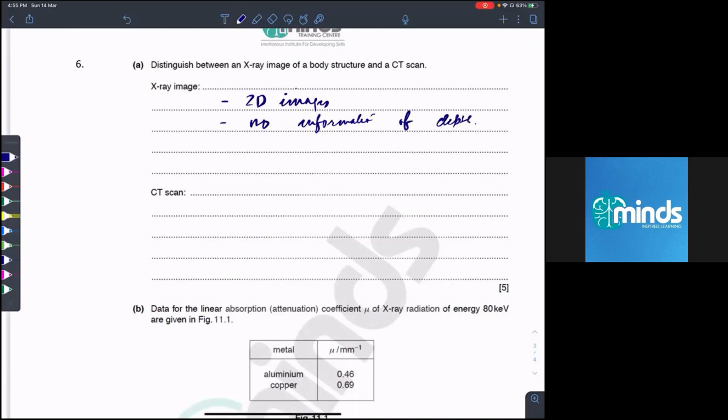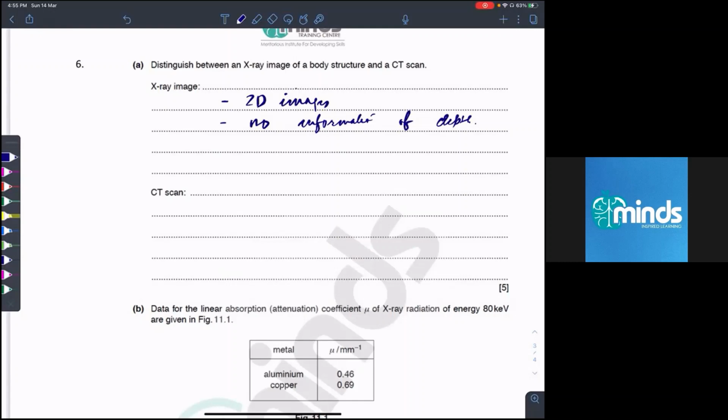I hope, Anas, you remember, I gave the example of 3D movies and I said when we obtain 2D images, we just get height and width. We don't get any information about the depth. So when I say 2D image, it means that you won't have any depth information.